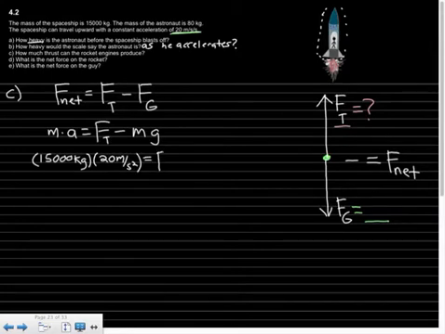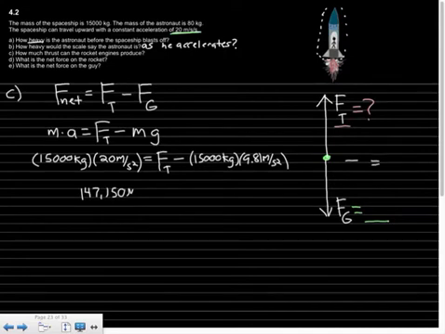And that's going to equal the unknown thrust force minus 15,000 kilograms times 9.81 meters per second squared. All right, so we have the net force here. The net force is going to equal this huge number, 147,150 newtons. Okay, so that's the force of gravity here.